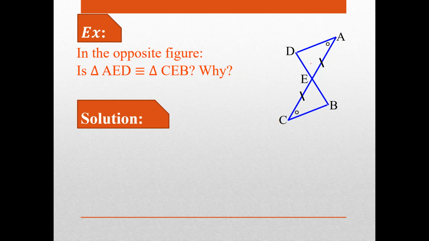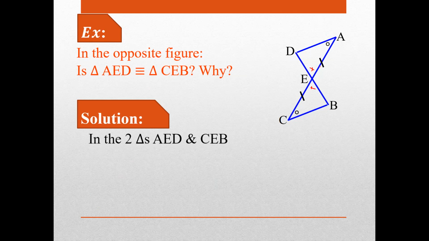So where are the vertically opposite angles? Angle DEA will be equal in measure to angle CEB. This is the third condition. So the case of congruent triangles will be what? I have angle, side, angle congruent to angle, side, angle. Then the case will be ASA.